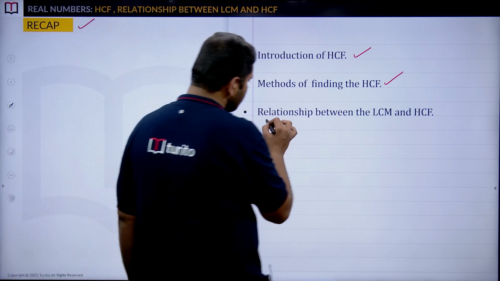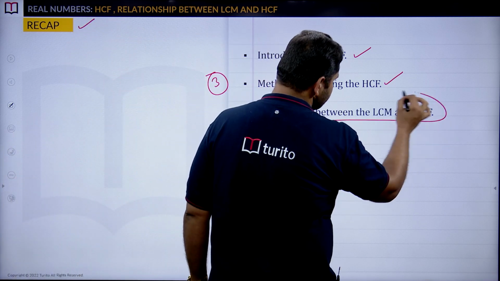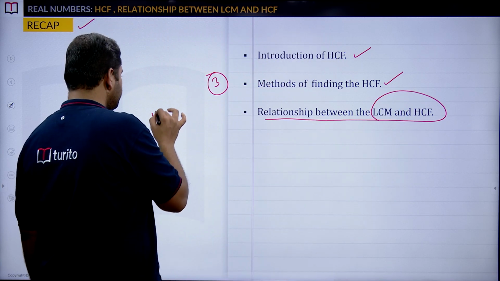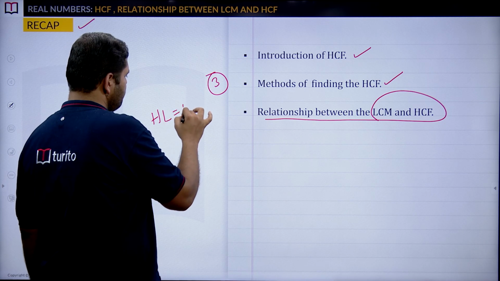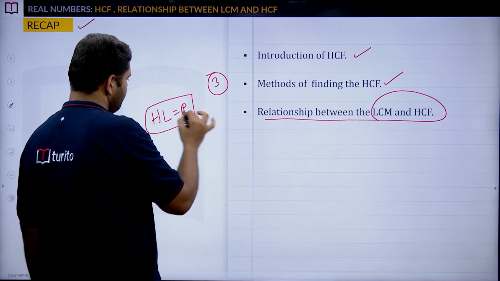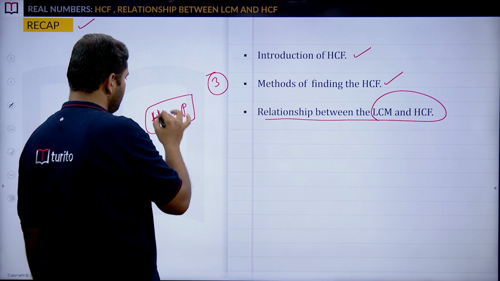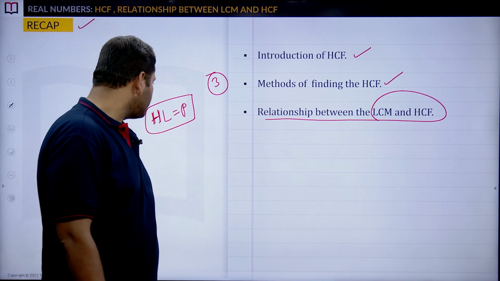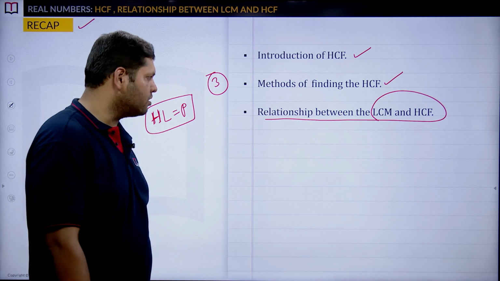Next one, children, we have learned about the relationship between the LCM and HCF. So what is the relation, children? HL equal to P. Okay. So it is the relationship between the LCM, HCF and product.